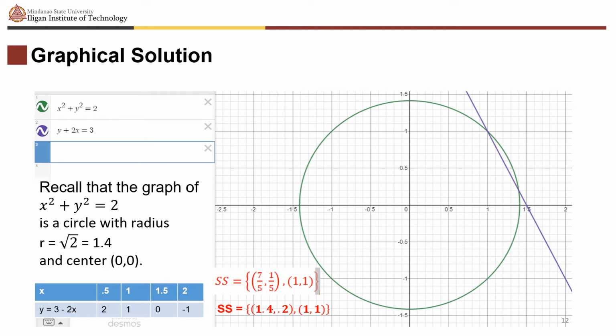That is, we have x at 1.4 and y at 0.2, so this point is (1.4, 0.2). And the other point is at (1, 1).